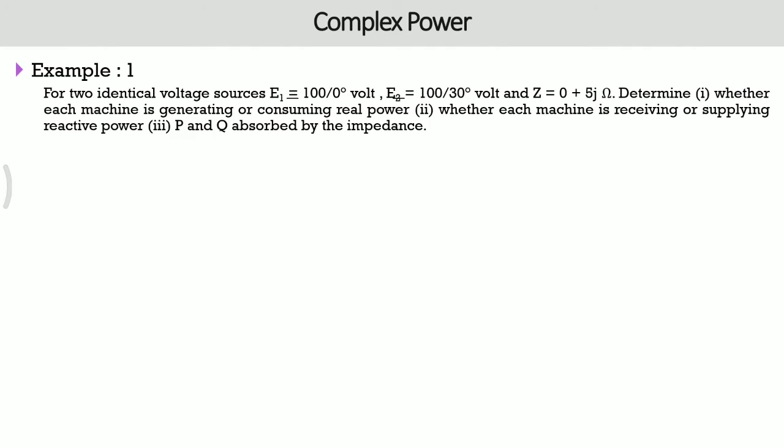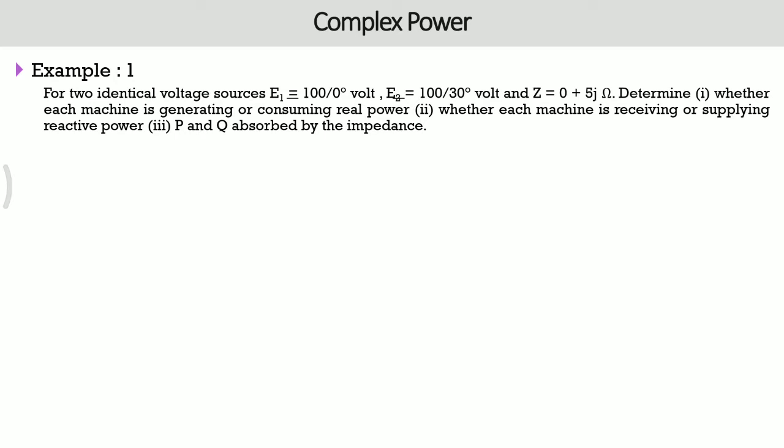This is the statement of example 1. For two identical voltage sources, E1 is 100 volts at an angle of 0 degrees, and E2 is 100 volts at an angle of 30 degrees, and here we have an impedance Z equal to 0 plus 5j.